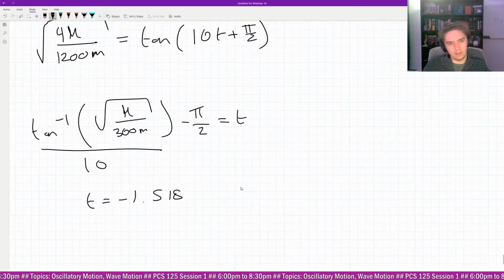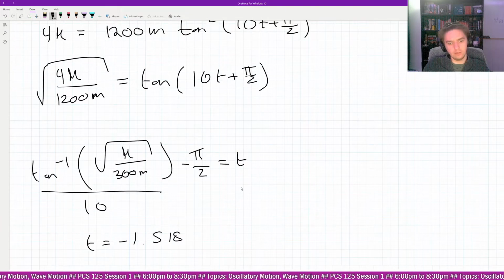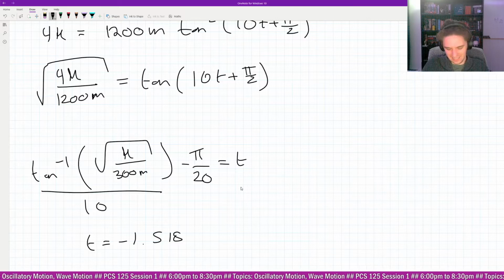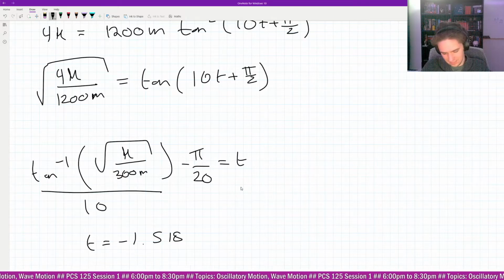I think you divide that pi over 2 by 10 also. Oh yeah. Okay, too much in my head, I guess. That's why. Let's see if that fixes it.